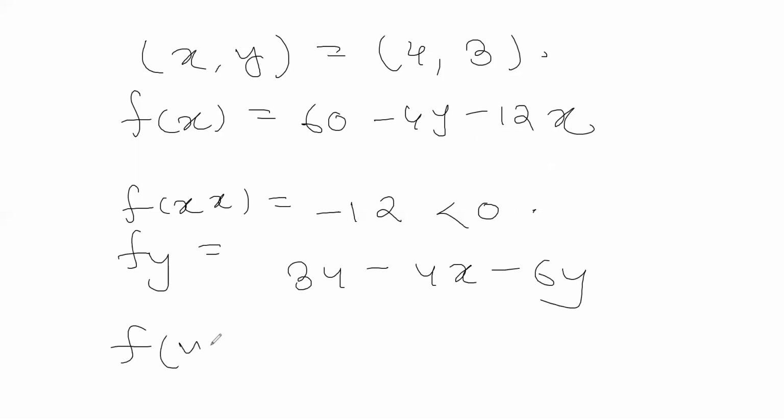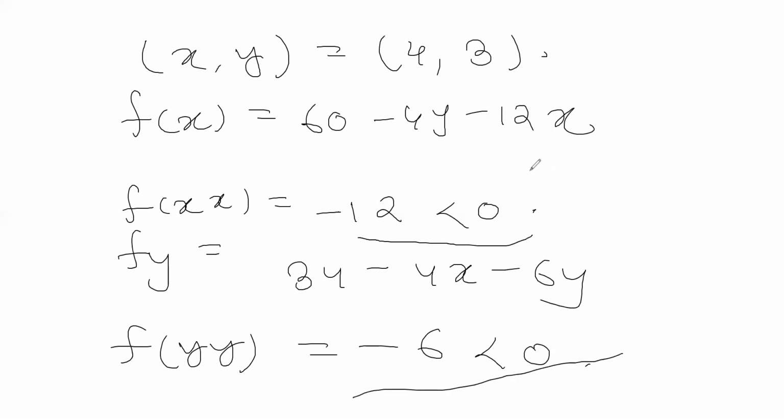So f of y is simply negative 6, which is less than 0. Again, it altogether reminds us that as both the second order partial derivatives are less than 0 here and here, it represents that the function should be at relative max. It should be at its relative maximum, and then it will be in concave in shape.